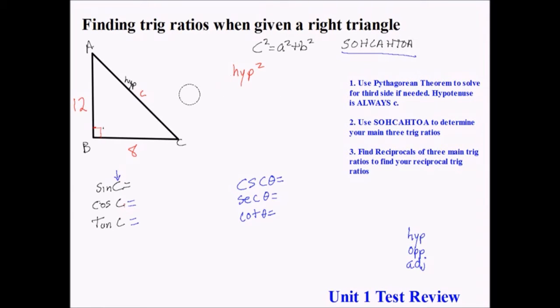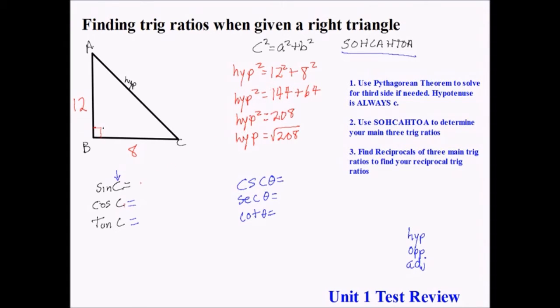So we're going to have the hypotenuse squared is equal to 12 squared plus 8 squared. So this is 144 plus 64. So hypotenuse squared is equal to 208. So the hypotenuse, when you square root both sides, is going to be the square root of 208.